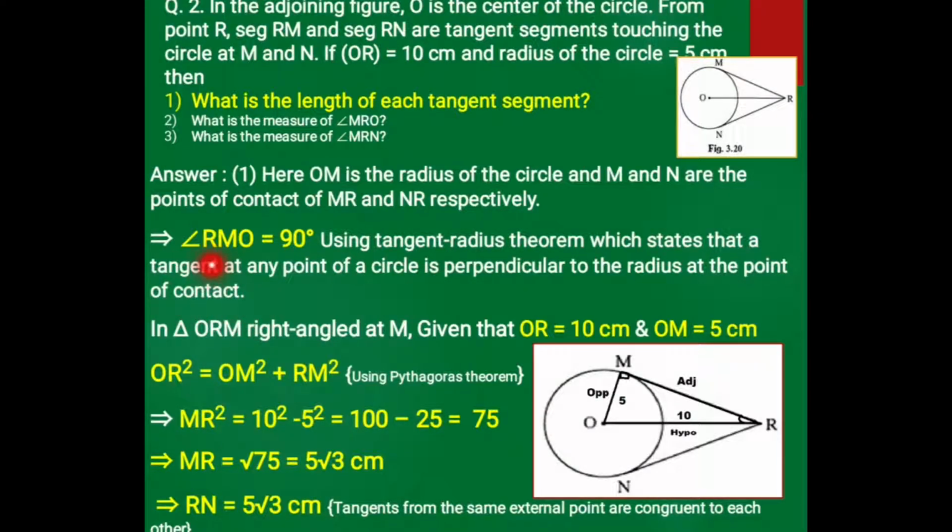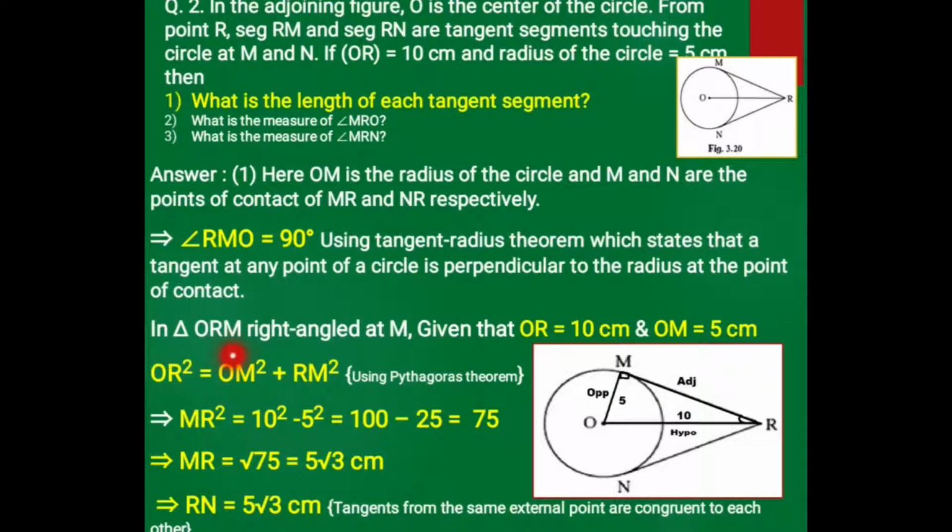That implies angle RMO equals 90 degree. Which theorem do we use? Using the tangent radius theorem, which states that a tangent at any point of a circle is perpendicular to the radius at the point of contact. That means this tangent MR is perpendicular to this radius OM.